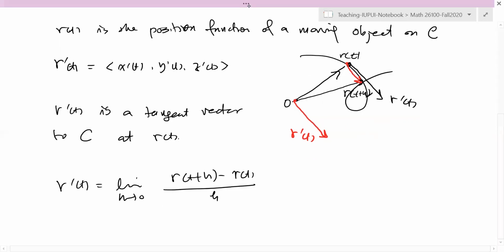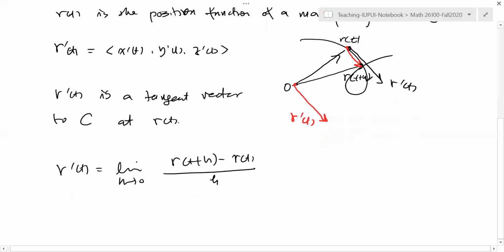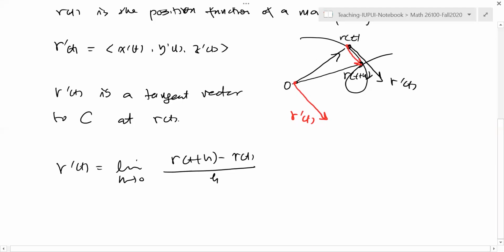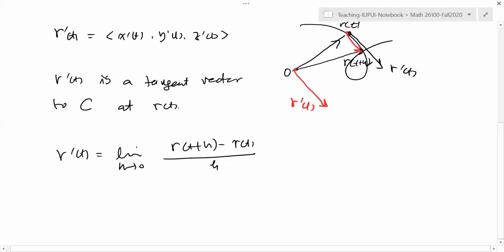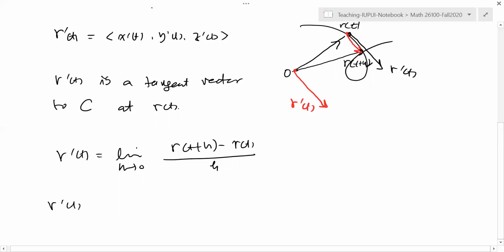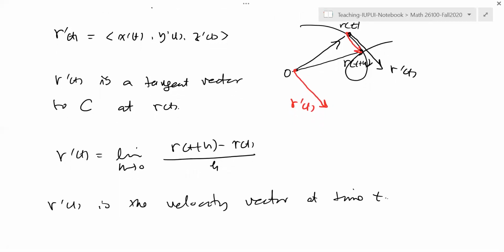Another physical meaning of this tangent vector is that it is the velocity vector of a moving object at time t. If the object moves faster, the velocity vector is longer, and if it moves slower, the velocity vector is shorter.